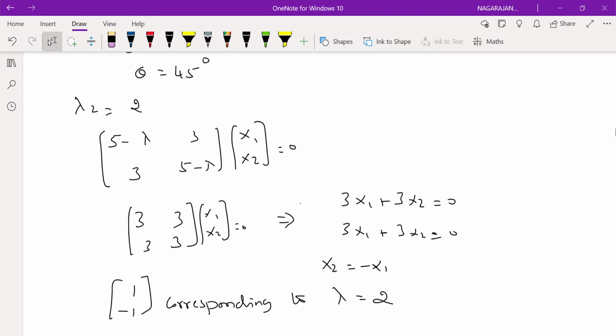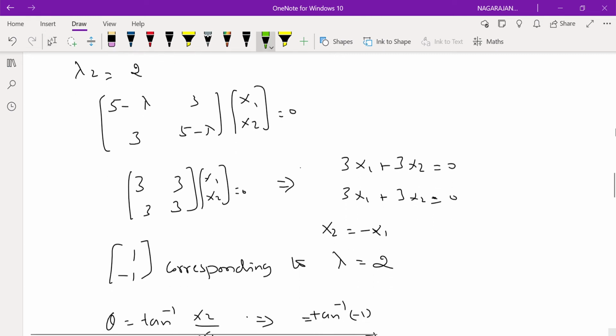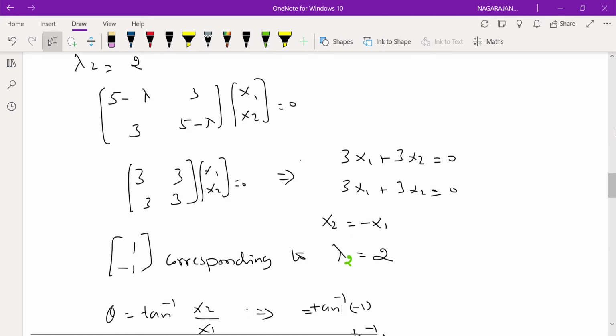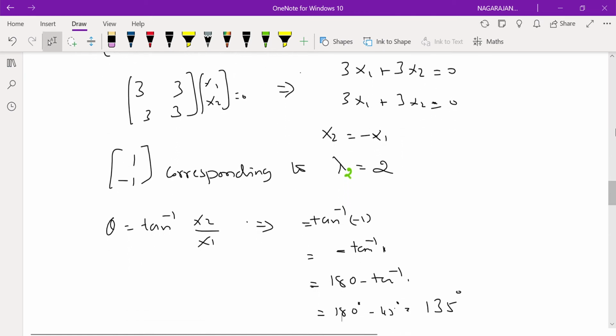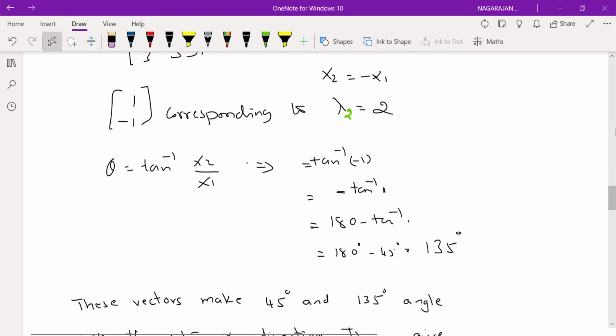So (1, minus 1) is the eigenvector corresponding to lambda 2 equal to 2. Then tan inverse of x2 by x1, here tan inverse of minus 1, so this is 180 minus tan inverse 1, so 180 minus 45 degrees, 135 degrees.